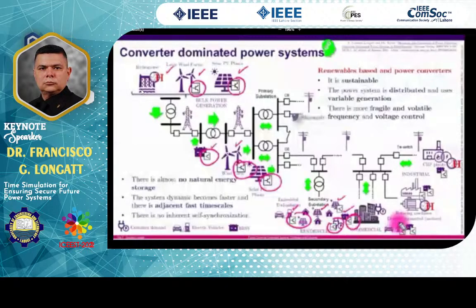Right now, the amount of penetration of these technologies that use the power converter as interface is very high. If you want to read more about this, I suggest you go to my book, Modeling and Simulation of Power Electronic Converter Dominated Power Systems.